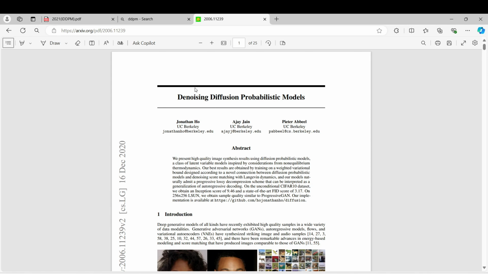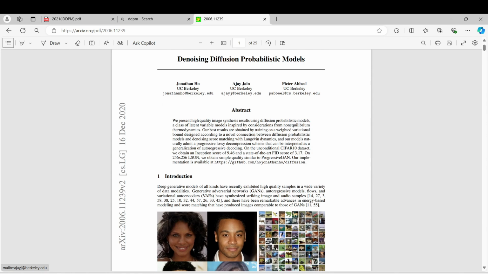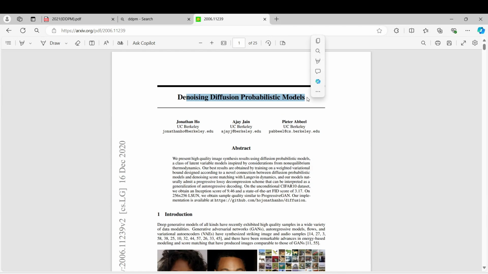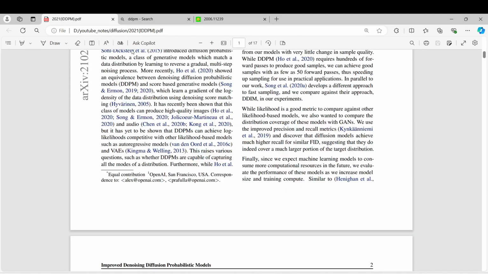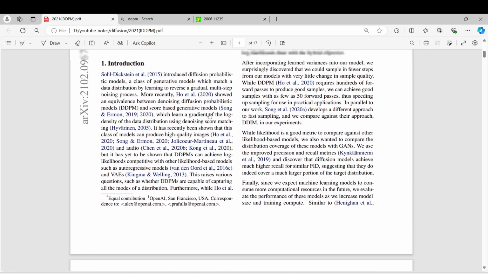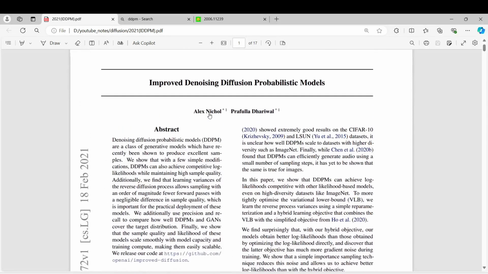This paper is built on top of that. How can we improve?